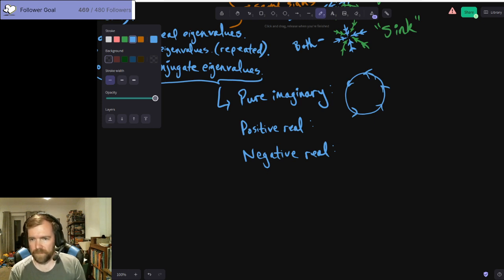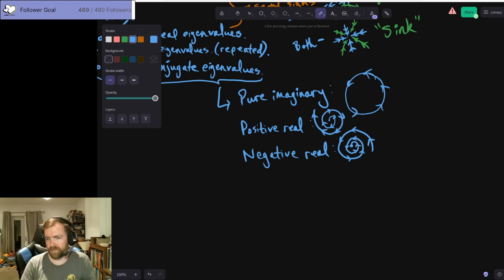So if the real part is positive, you'd expect some kind of outward movement, and inward movement would happen with a negative exponential. I don't remember exactly what determines the direction of spiraling, but we can talk about that when we get into some of these individual problems.